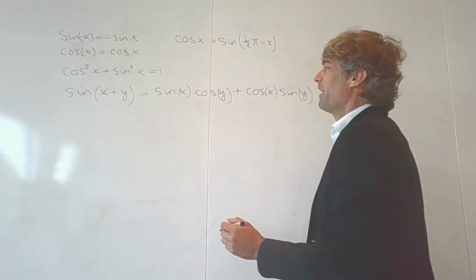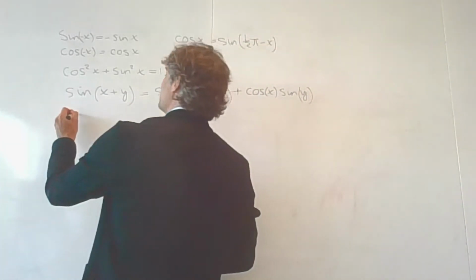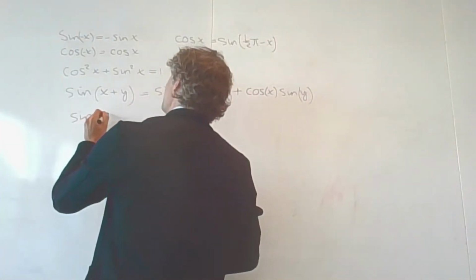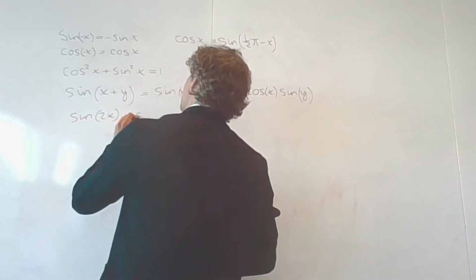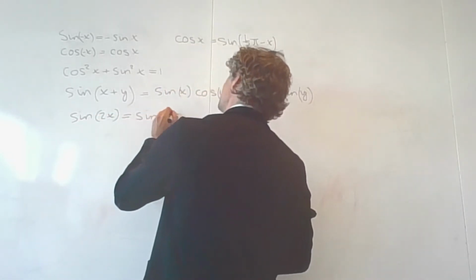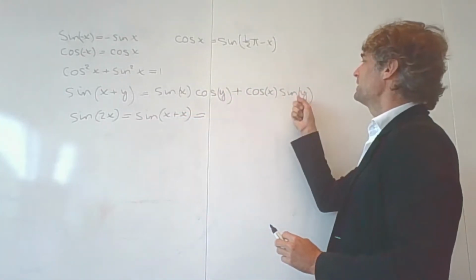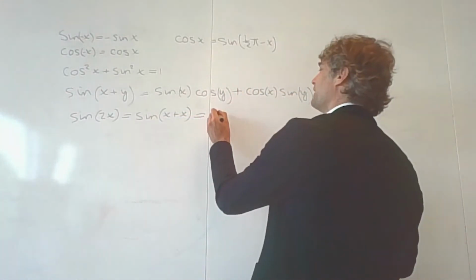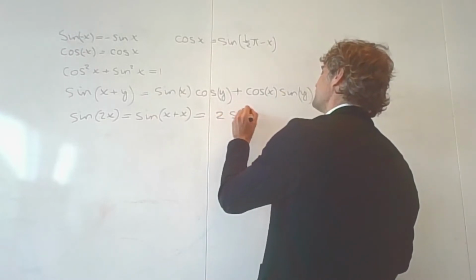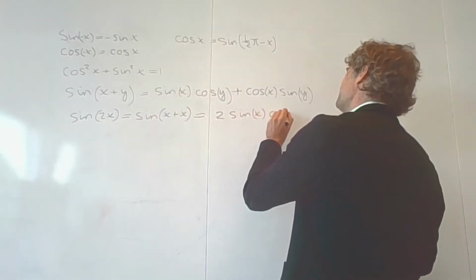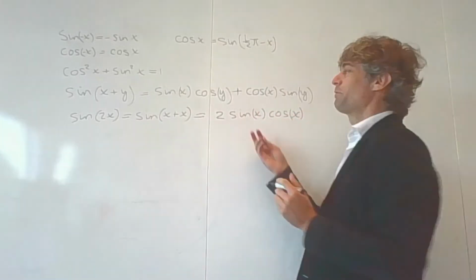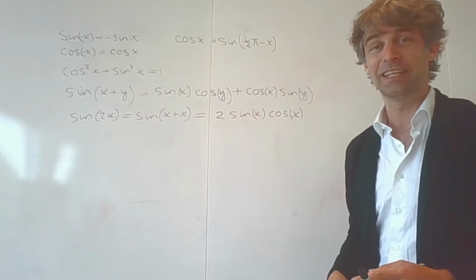If I take x to be y, then the sine of 2x is the sine of x plus x. Now apply these rules, and this will be an x and this will be an x. It's twice the same, so I get 2 times the sine of x times the cosine of x. It's a very familiar formula, hopefully.